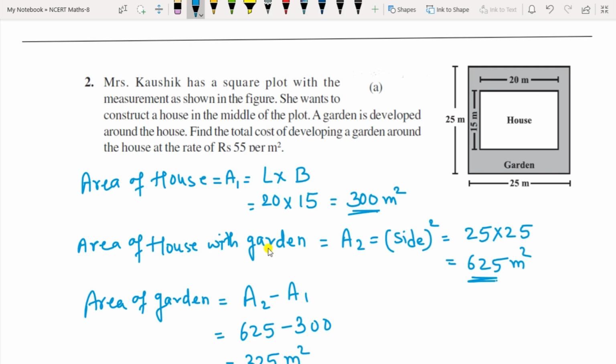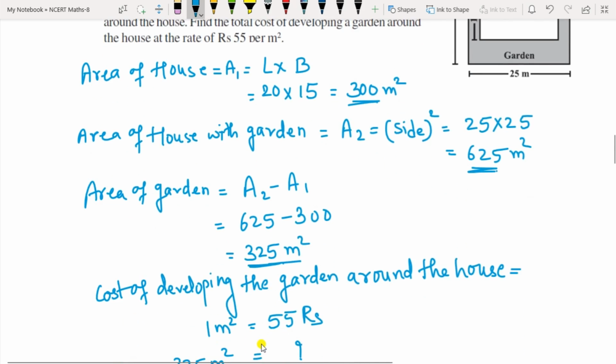Area of the house along with the garden, so that becomes this area of the square, that will be A2. Side square is area of the square formula. So that is 25 into 25, 625 meters square. So now if you subtract the house from the whole place, you will get the area of garden as A2 minus A1, that is 325 meters square.